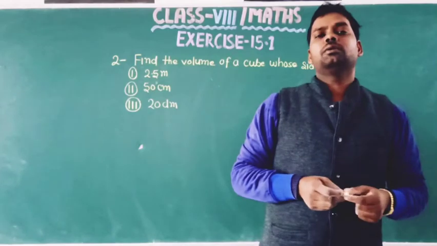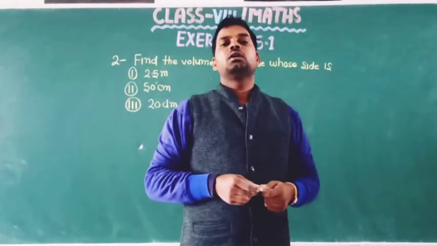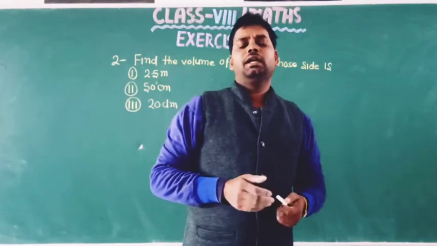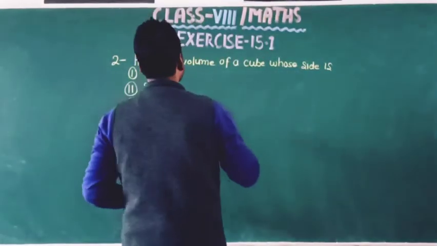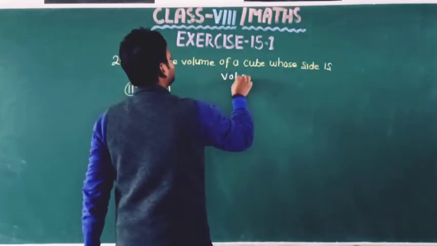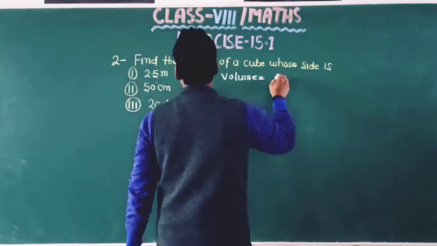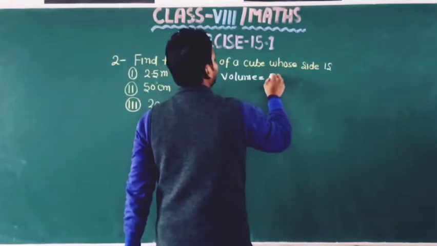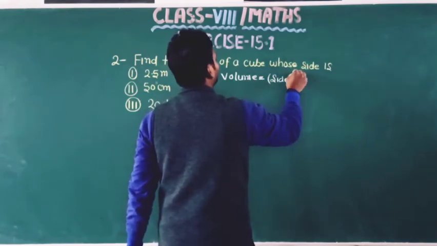We know the formula for finding the volume of a cube: volume of cube is calculated by side power 3.